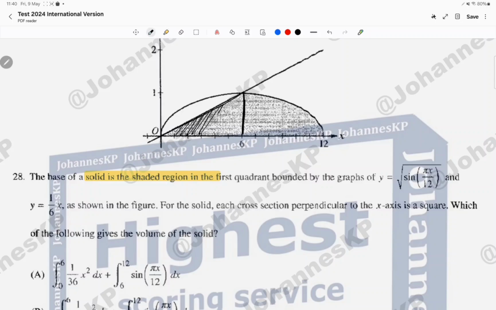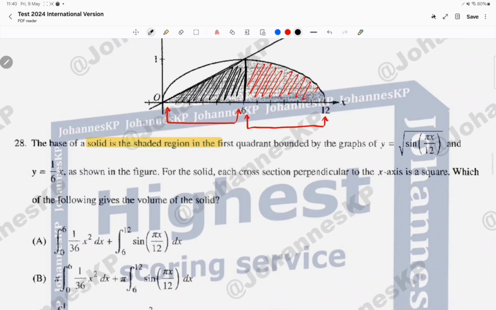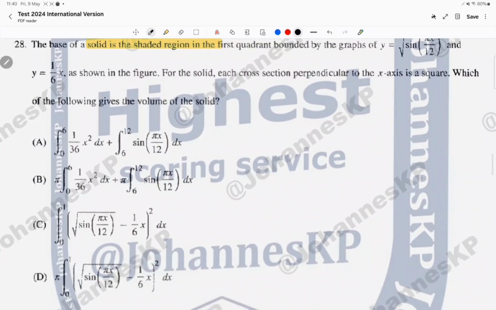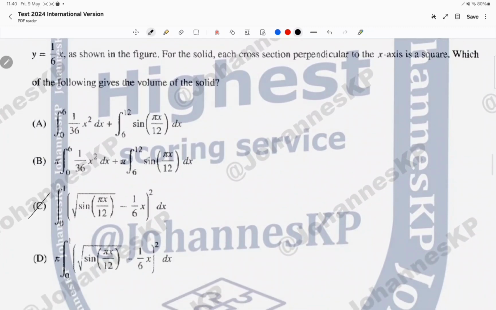That's a shape. And then from 6 to 12, that's a different shape. Do we agree? Different shape. That means you must do one time from 0 to 6, and one time from 6 to 12. So it's not C, right? And it's not D.